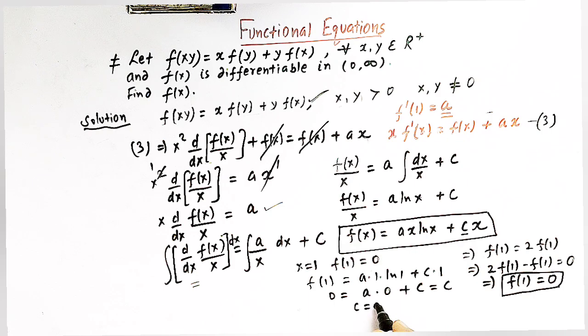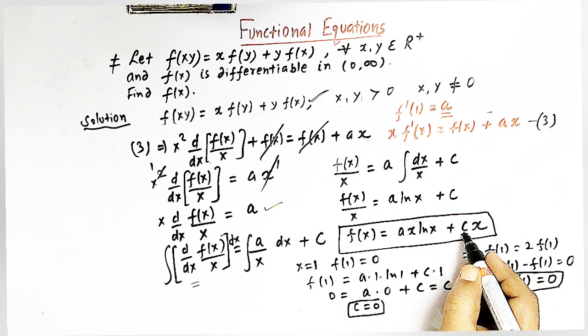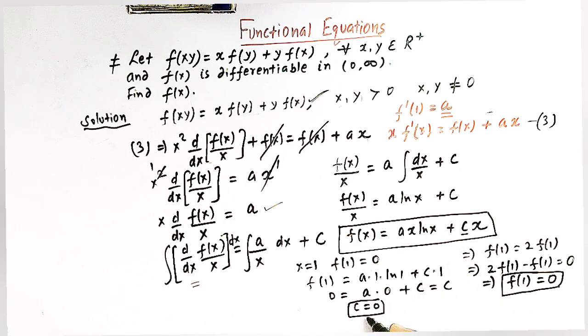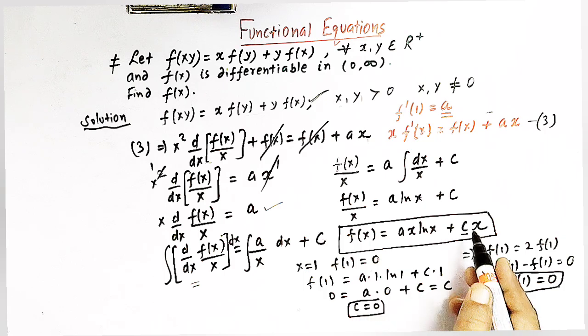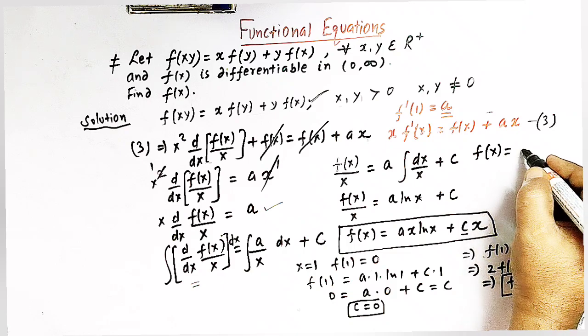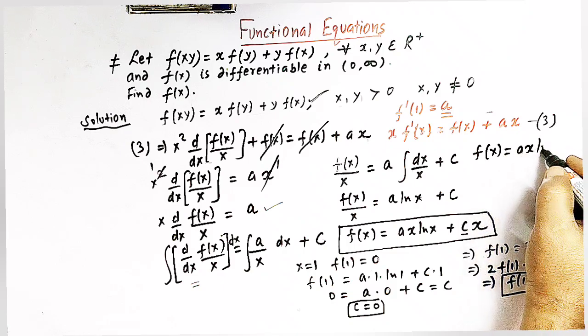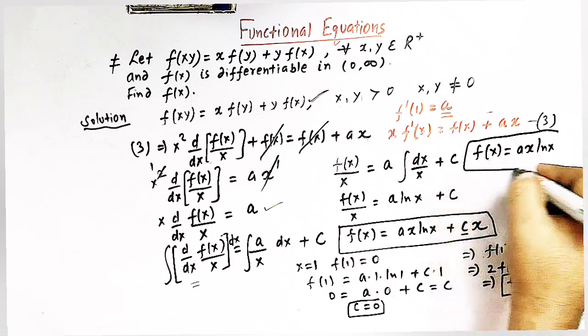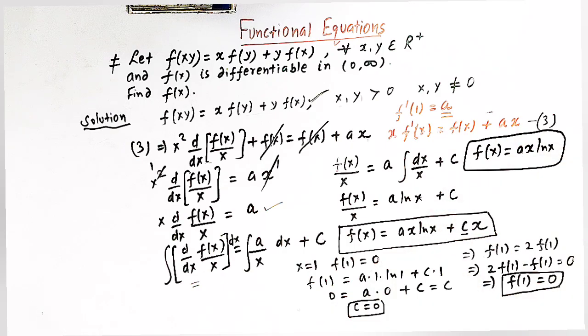So the value of the constant of integration c is 0. Now let us substitute this value of c in this equation. So we have f of x is equal to ax log of x. So this is our required function.